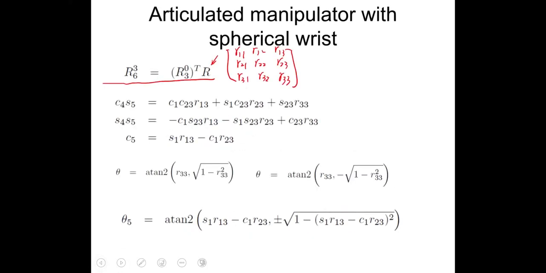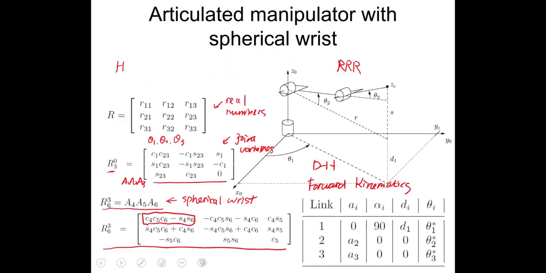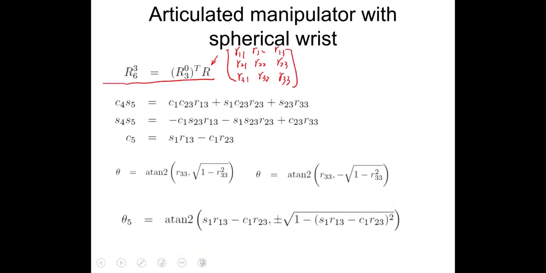And in total, we have these 9 elements. Also from this equation, we are able to calculate and multiply this matrix, which is a real number matrix.